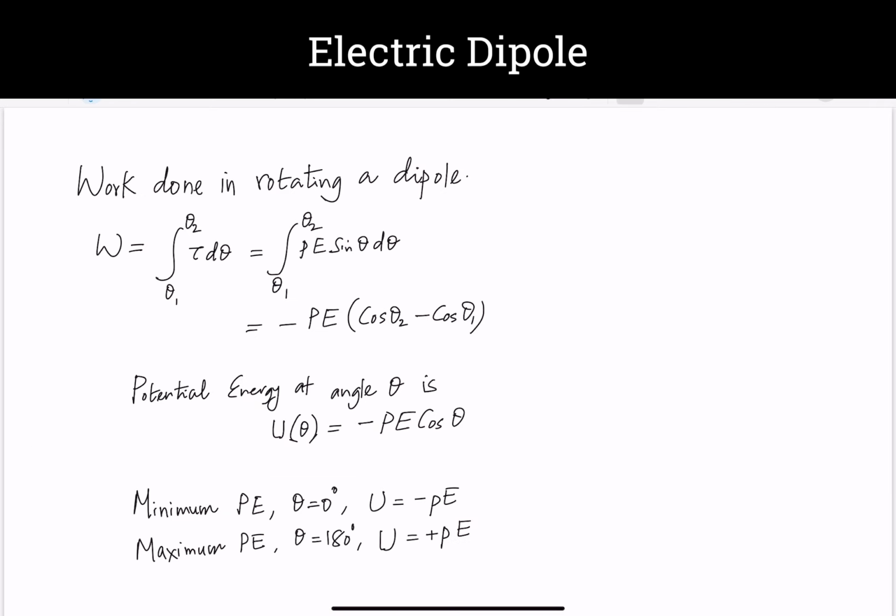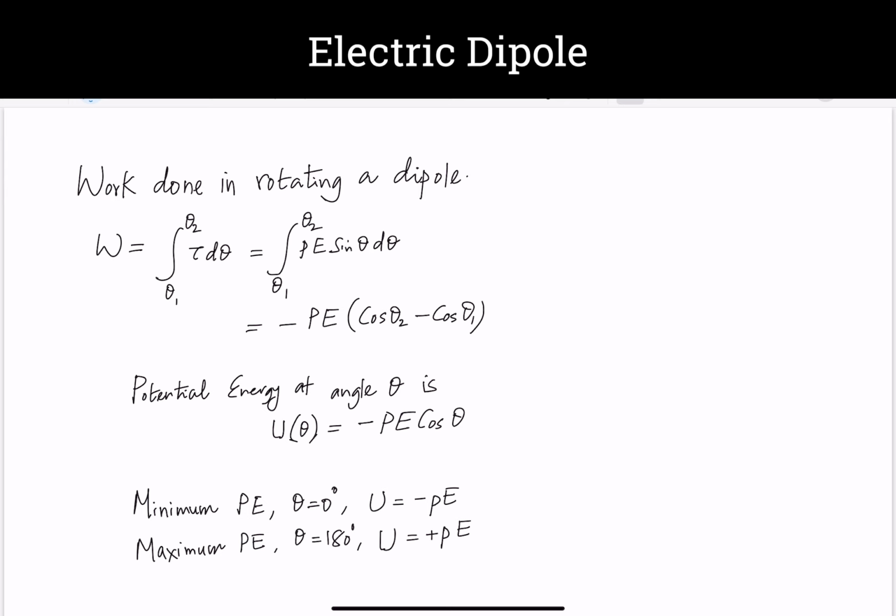The last topic in this chapter is calculating the work done in rotating a dipole which is situated in an electric field. So let us consider that initially the dipole is making an angle theta 1 with the field, and then from there it's rotated to another angle theta 2.